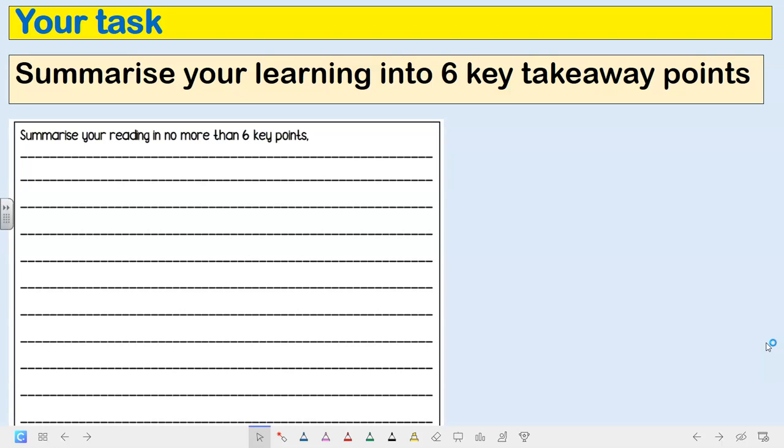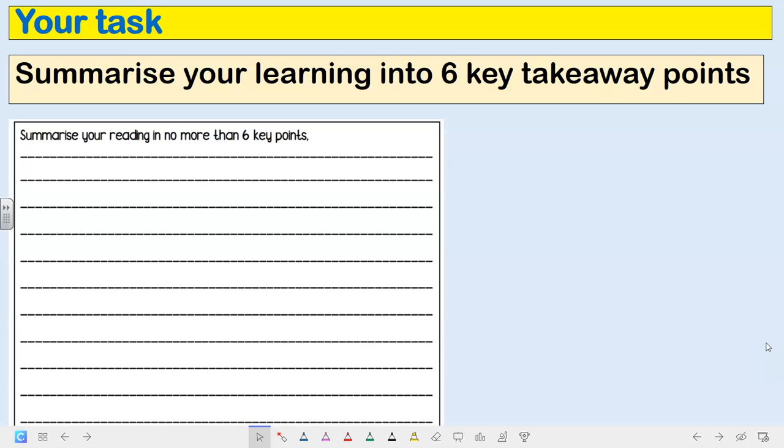Okay, so hopefully you have completed your annotations now. Your final task today is to take into account everything that you've looked at so far about the Royal Commission, and to summarise your reading into no more than 6 key points.